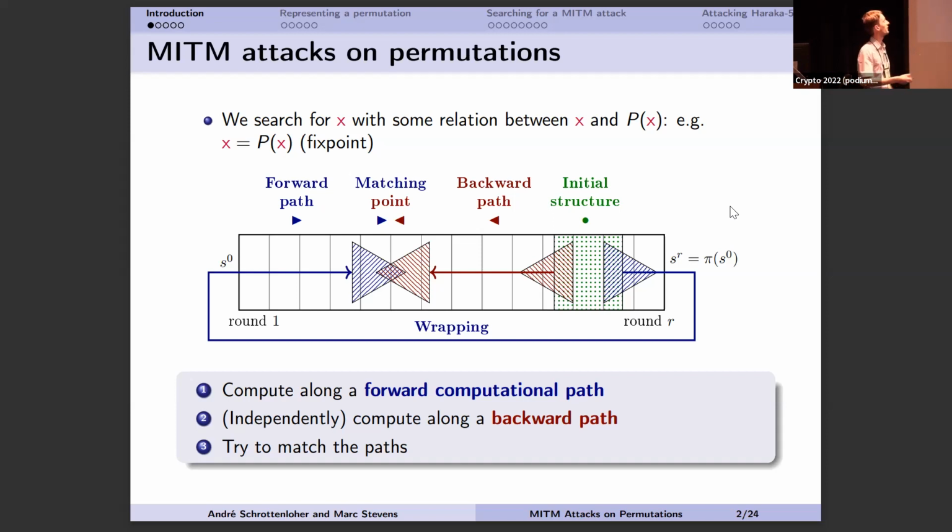Then there are points at which these two subsets are going to match, to meet, and we take all the pairs of possibilities which are going to match in these points. Once we have something that matches, we're going to recompute everything and try to see if our conditions are all satisfied. Of course, this works because there is this condition here, which basically closes the computational path of this permutation. This is broadly the idea that we use.